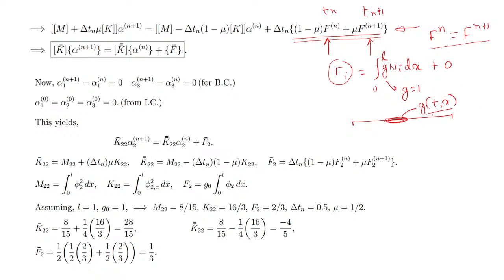So in that case you have a term t here, and your f will be a function of time instant tn. So when you are integrating over the domain, you have to take the corresponding value of g by substituting in this function. So you will be given a function g(t, x).